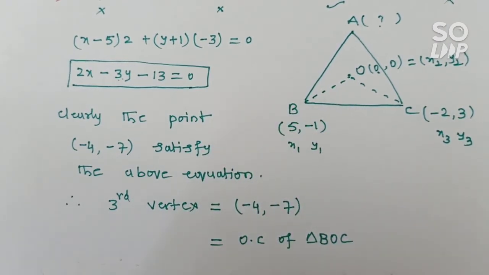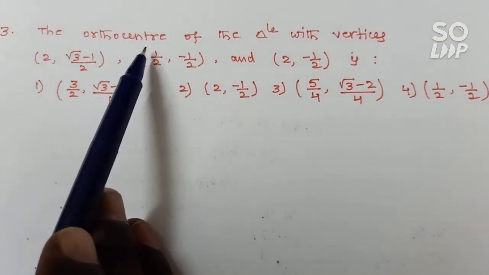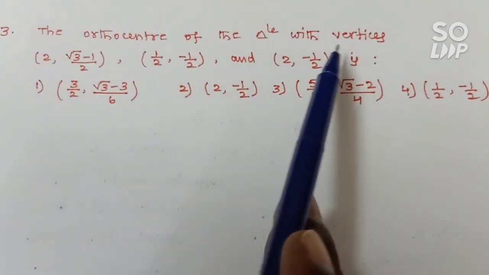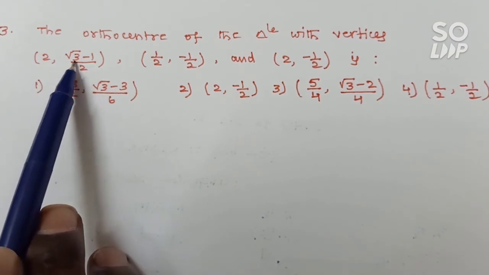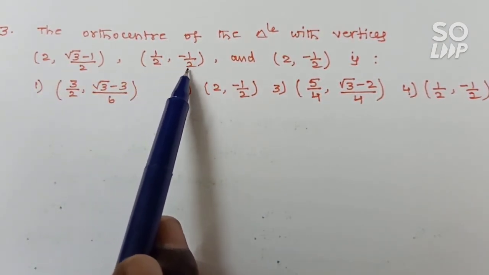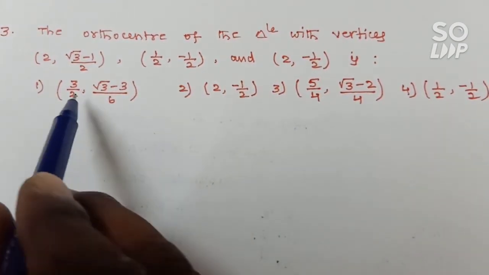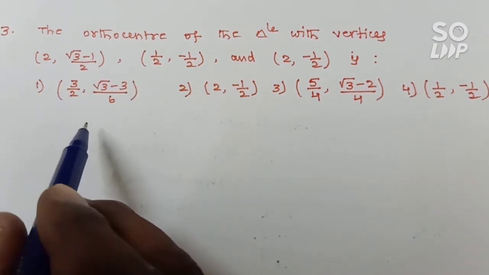Now we'll see the next question. Say the orthocenter of the triangle with the vertices 2 comma root 3 minus 1 by 2, 1 by 2 comma minus 1 by 2, 2 comma minus 1 by 2. First of all, you observe the coordinates of the given points.